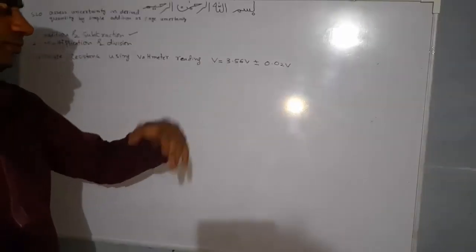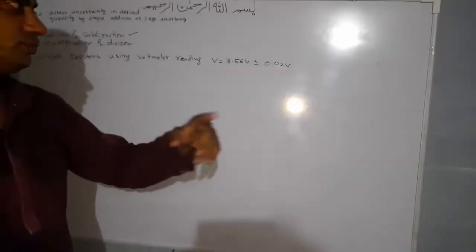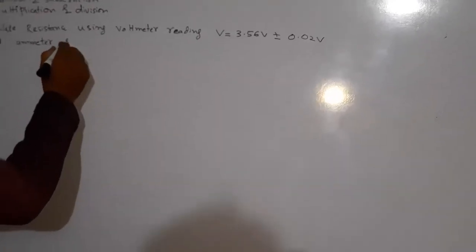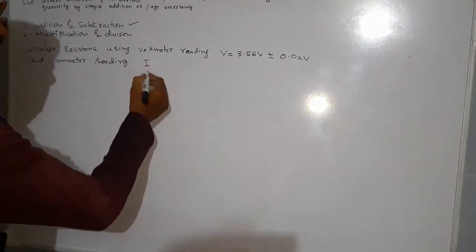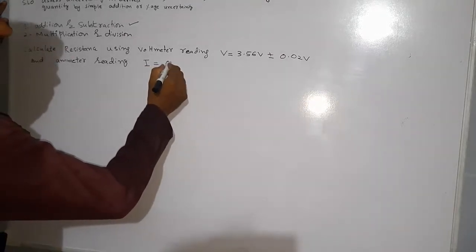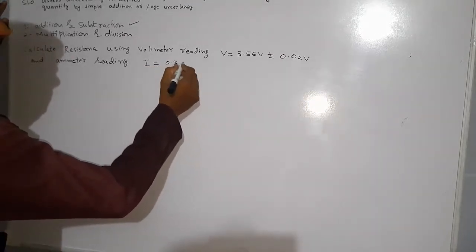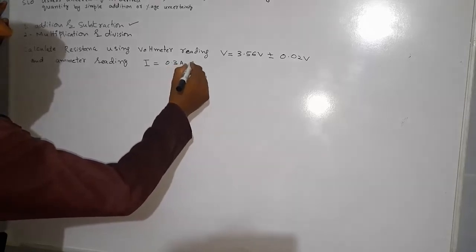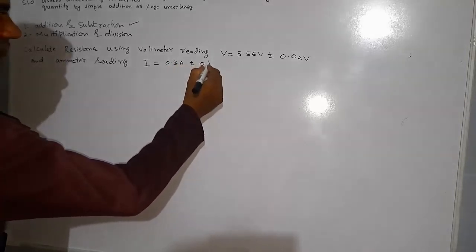Calculate resistance using voltmeter reading V is equal to 3.56 volts plus minus 0.02 volt, and ammeter reading as I. The ammeter basically measures the current. That is 0.3 amperes plus minus 0.1 ampere.